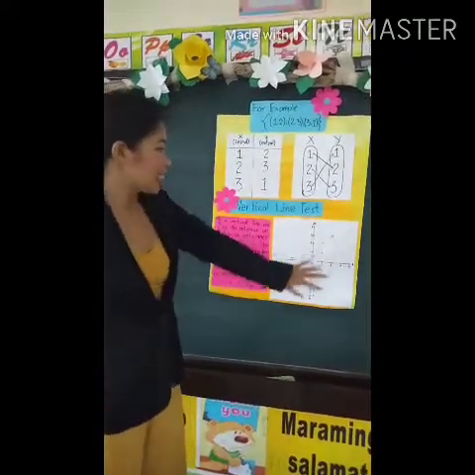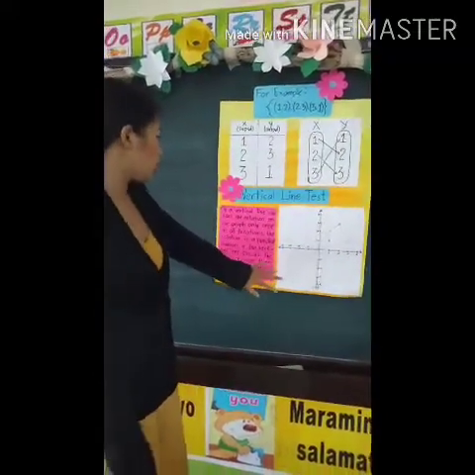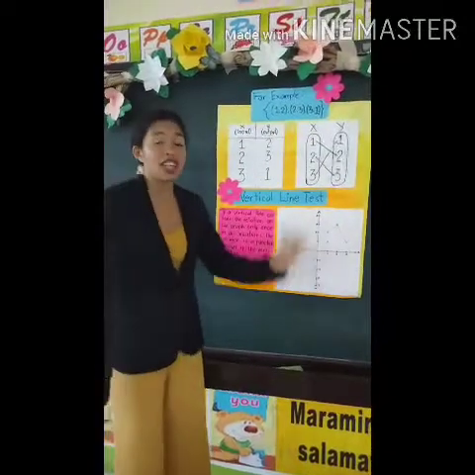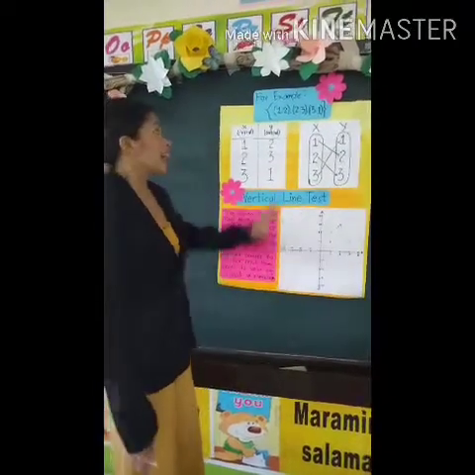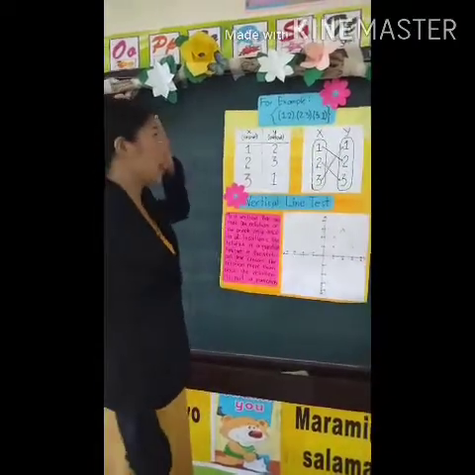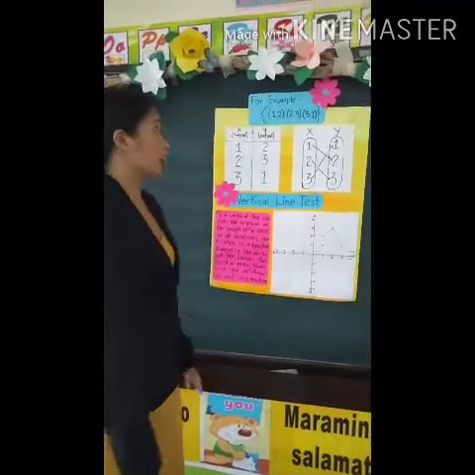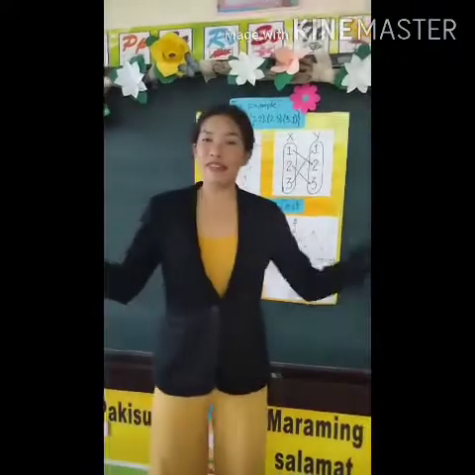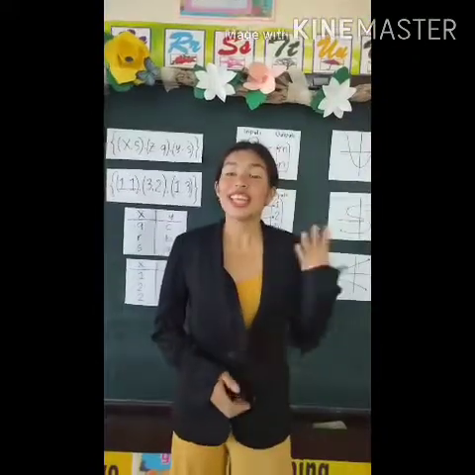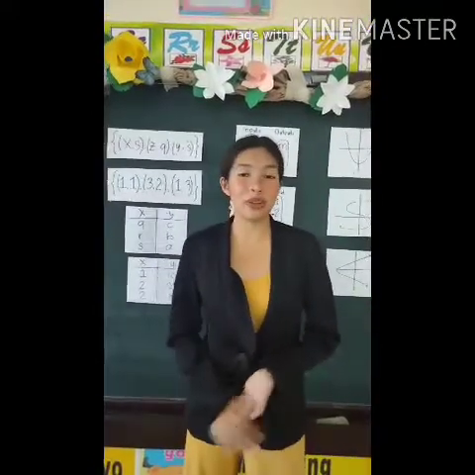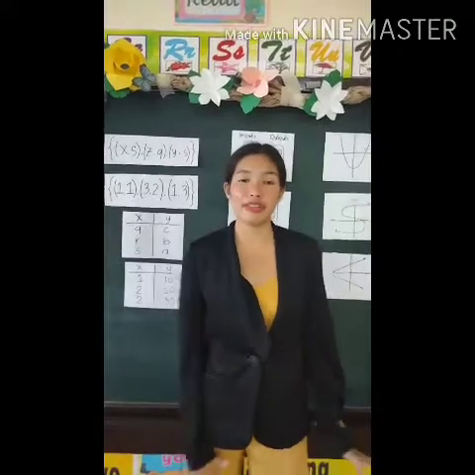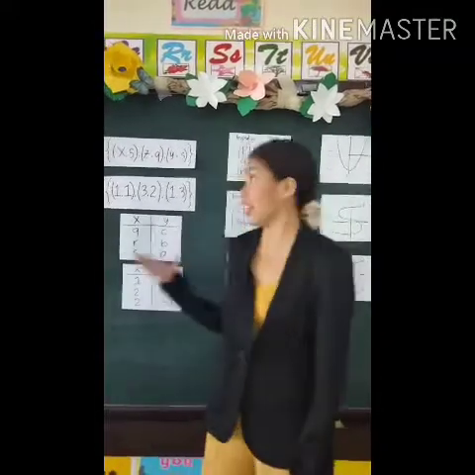As you can see, the line crosses the relation only once. So definitely, the example we have here, (1, 2), (2, 3), and (3, 1), is a function.